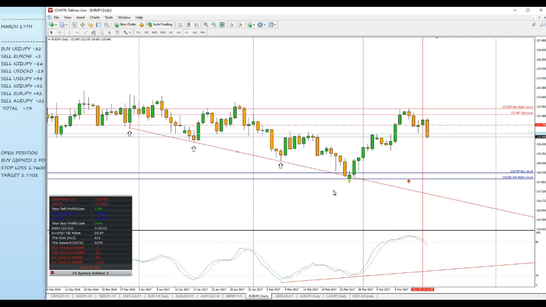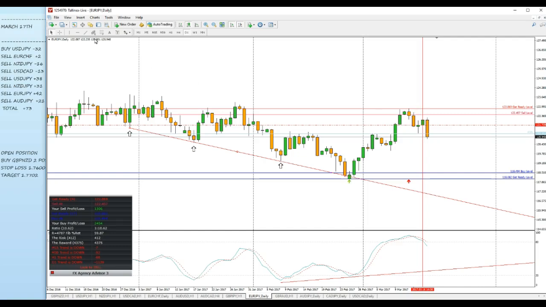Oftentimes when you see these setups on a 1-hour chart, price gets repainted and the advisory indicator changes. But on a daily chart, that doesn't really happen. All you need to know is your candlestick patterns and find support. Make sure stochastics is oversold, and you have a great trade setup.